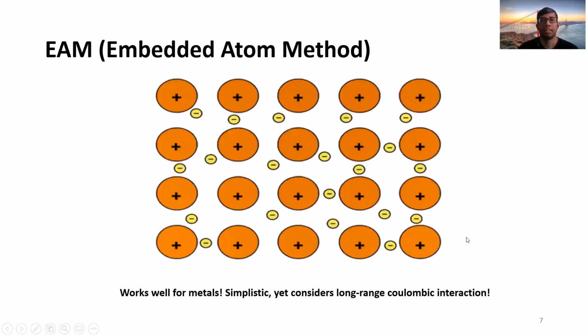But if we talk about the semi-empirical embedded atom method, then it considers not only interaction between two atoms, but also considers the atom as if it is immersed in a field of electric charge. That's why it's called embedded, as if the atom is embedded in electron charge.